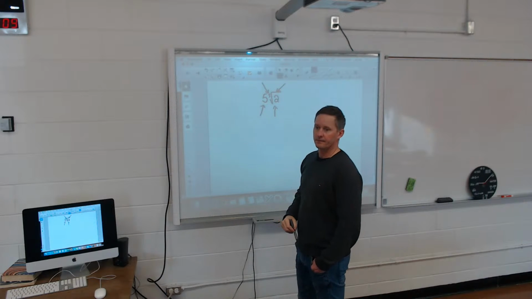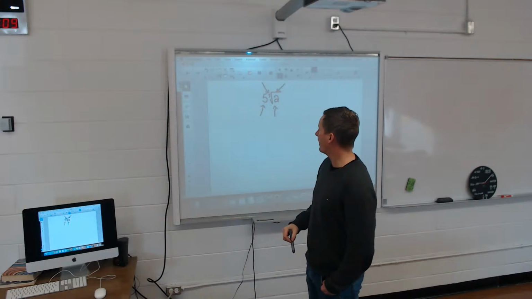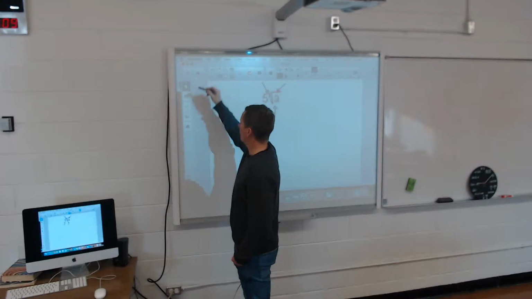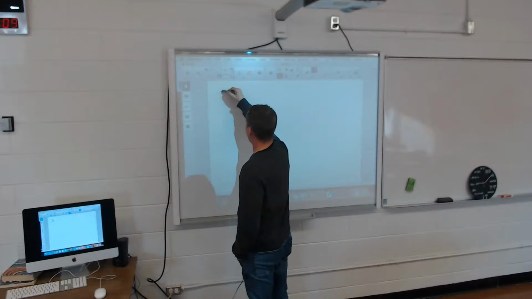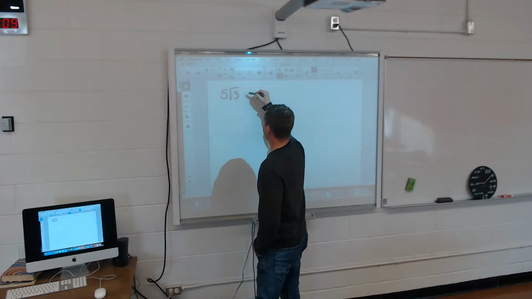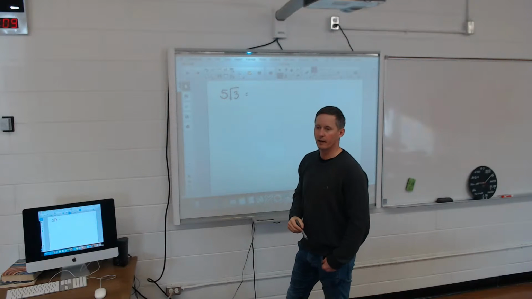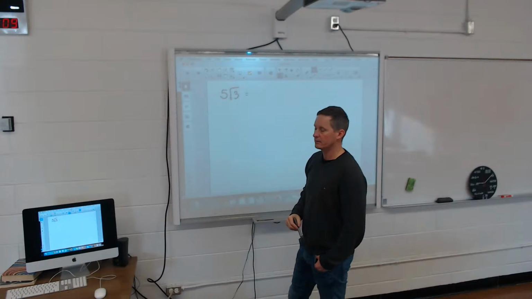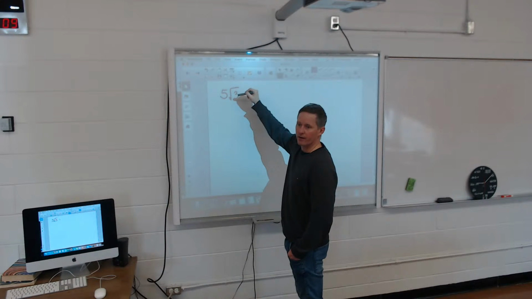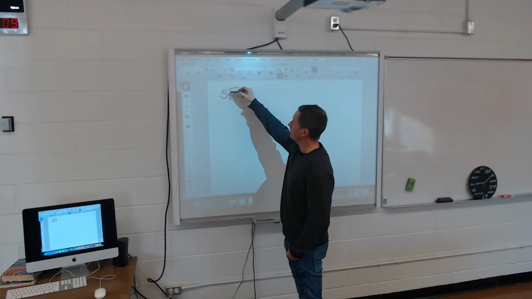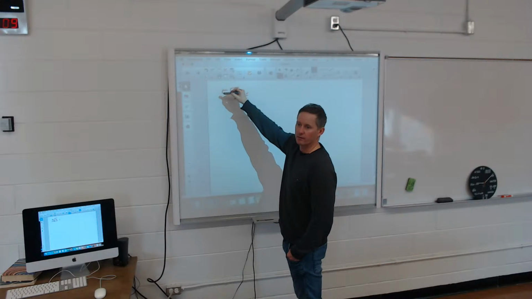This was one of my favorite things to do last year. Okay, so we started yesterday with 5 root 3, and we have to change it to an entire radical. So I can't multiply a coefficient times a rooted value. So what I want to do then is change that to a rooted value.